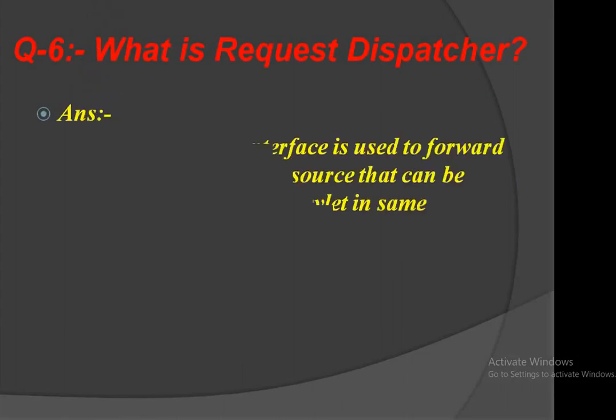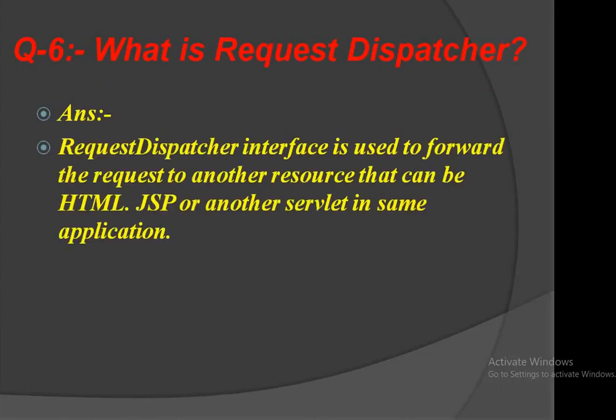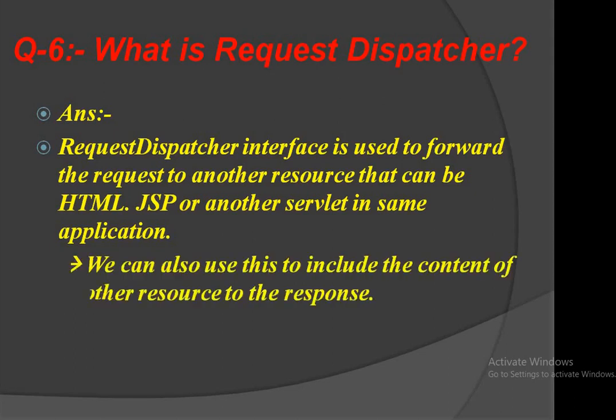What is the RequestDispatcher? The RequestDispatcher interface is used to forward the request to another resource, which can be an HTML page, a JSP page, or another servlet in the same application.